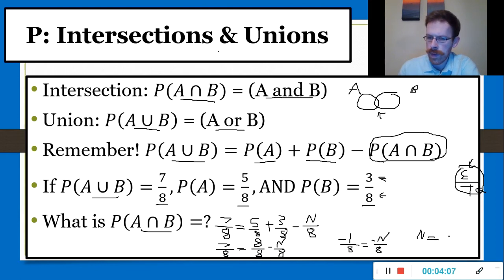Get rid of the negative signs. Your intersection is equal to 1 over 8. So the probability of A intersect B is equal to 1 over 8.